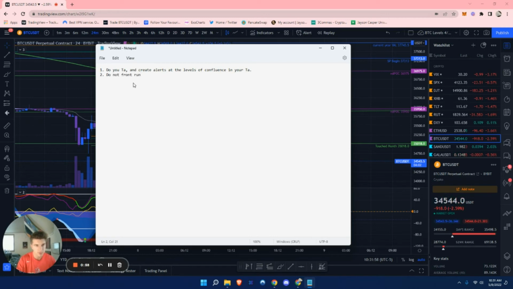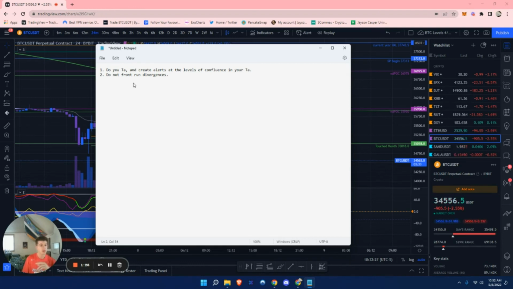Next thing is do not front run divergences. Again, there are certain times where you can, but as more of a beginner using Market Cipher B, I wouldn't front run divergences. I'd wait for them to print and trade based off of that, because there are times where price can crush a resistance level, or Market Cipher B will change.